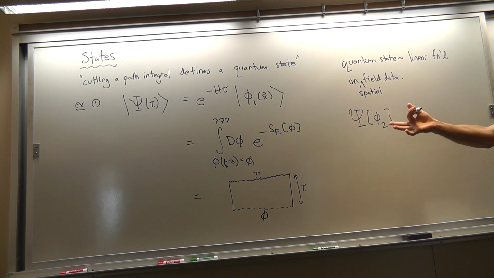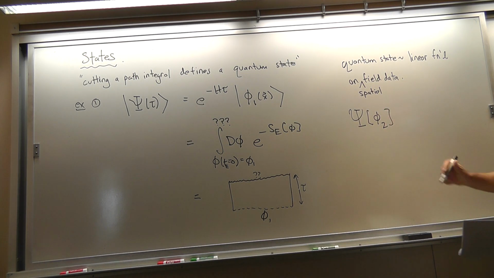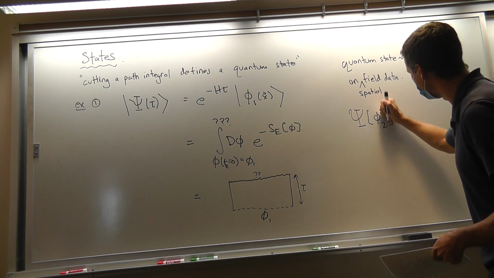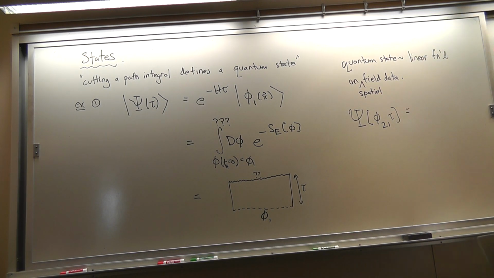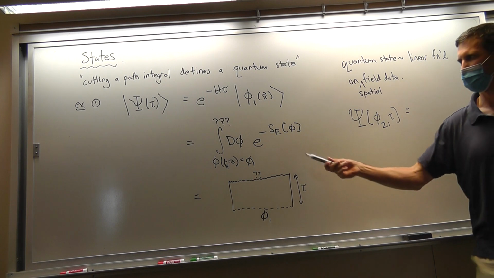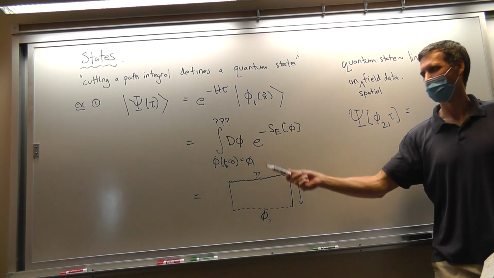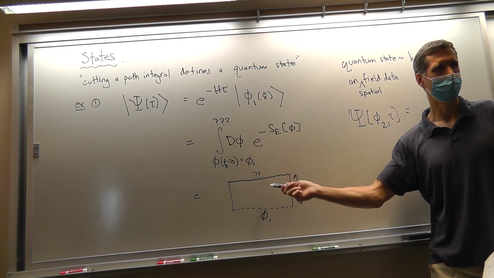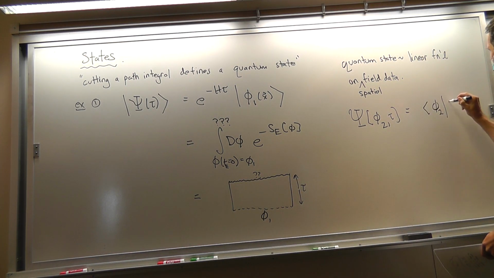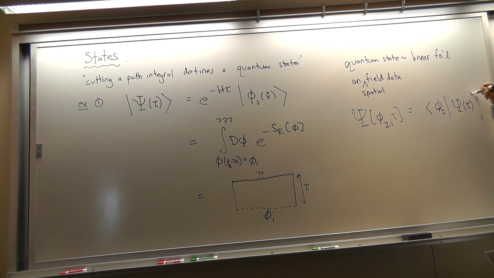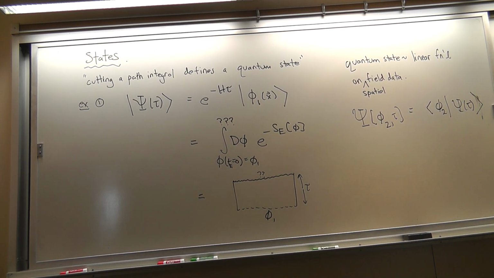The wave functional of this state, I should probably put a time tau in there, is what you get by filling in that boundary condition by putting a phi 2 at the top, and getting the overlap that we calculated a couple minutes ago.